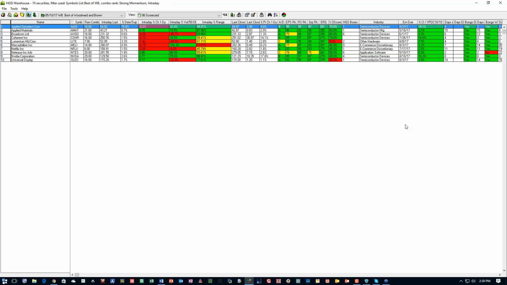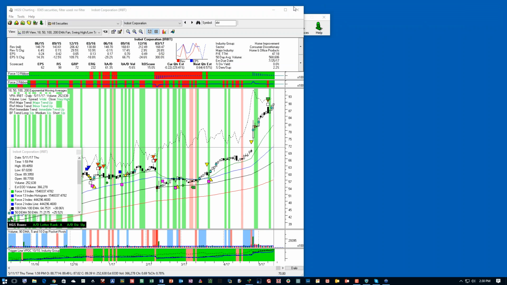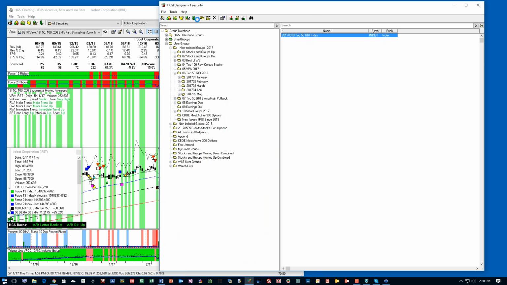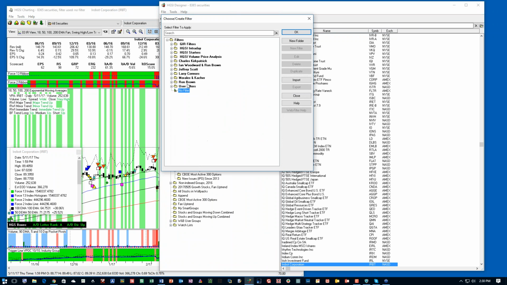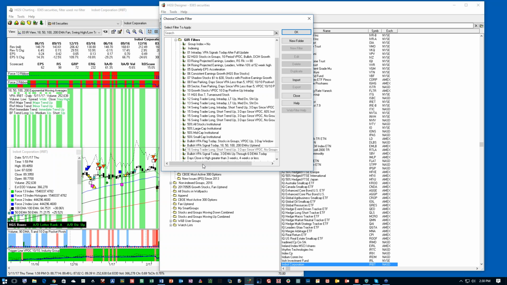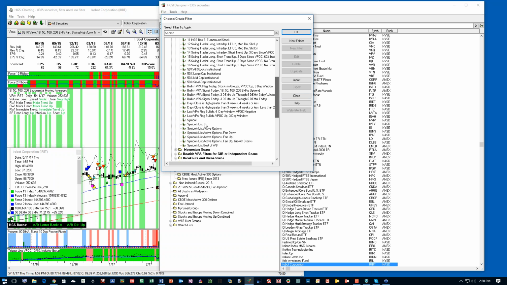Oh, I know what I was going to do. Let's go ahead and do this. Let me show you another little trick here. Since there's some interest in IRBT, I'm going to go into my filters, and I'm going to go back into the Ron Brown folder, GIR, and I'm just going to click on symbol here.